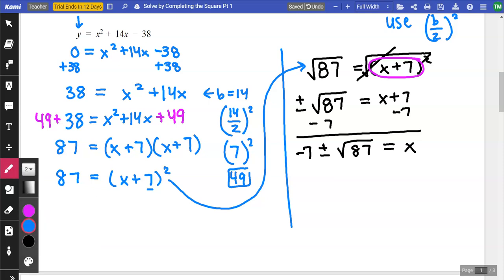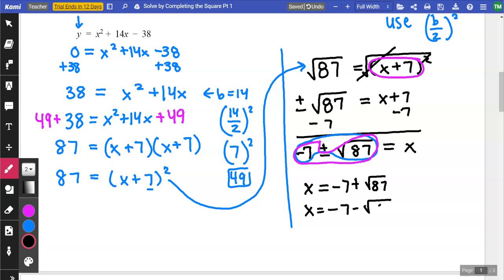We have negative 7 plus the square root of 87, and we have negative 7 minus the square root of 87. So I have x is equal to negative 7 plus the square root of 87, and I also have x is equal to negative 7 minus the square root of 87. The square root of 87 can't be reduced, so we're going to leave our answer like this.